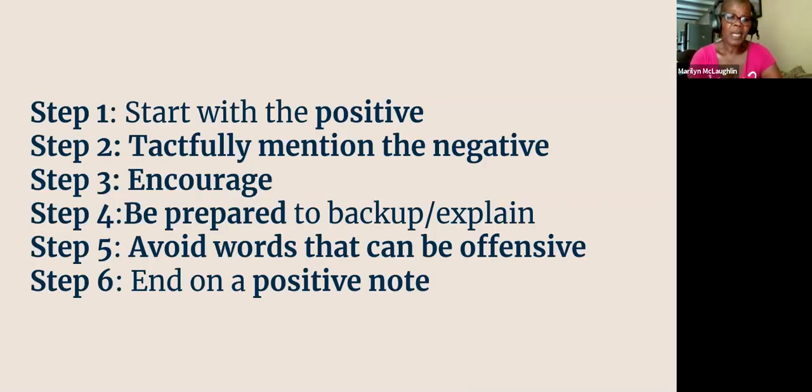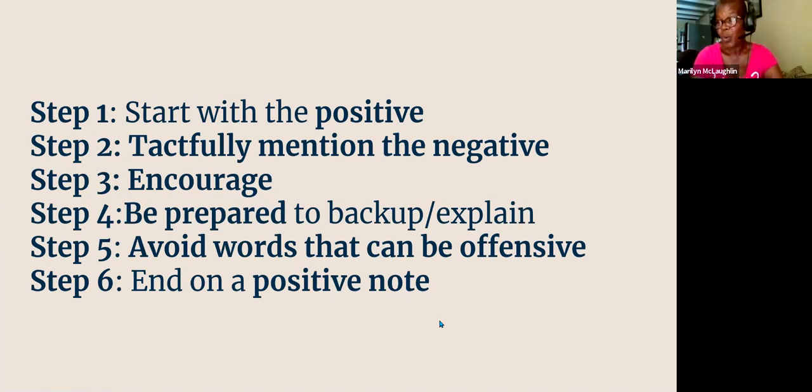Okay, and in closing, as I said before, start with the positive. There must be something positive. There's always something positive, and there's always something negative. Be tactful when you mention the negative. You can say the negative, but it depends on how you say it, so that it is not going to rub the parents in a wrong way.